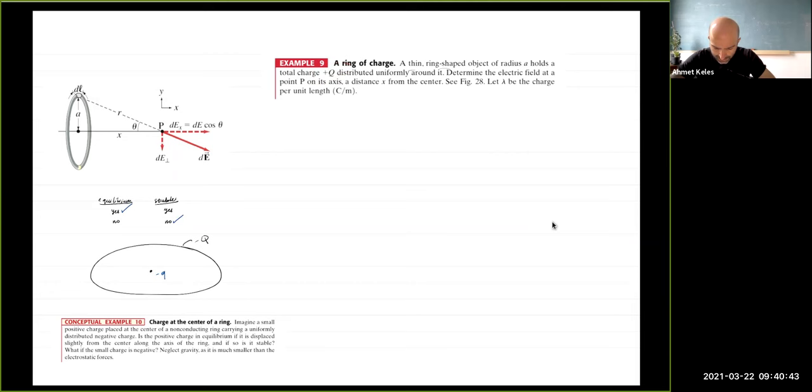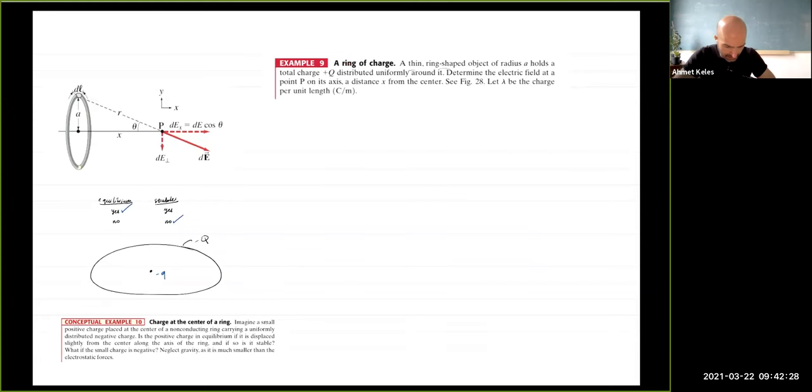Determine the electric field at a point P on its axis, a distance x from the center, like here. Let lambda be the charge per unit length, okay? We can write the equation for dl and then integrate it. Yes, exactly.